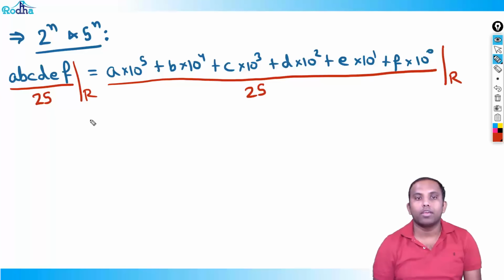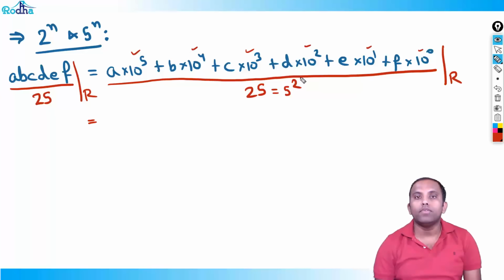See, now what will happen here? 25 is nothing but 5 square. Now leave out all the digits A, B, C, D, E, F. All such numbers will have powers in common, like 10 raised to 0, 10 raised to 1, 10 square, 10 cube, 10 raised to 4, 10 raised to 5.